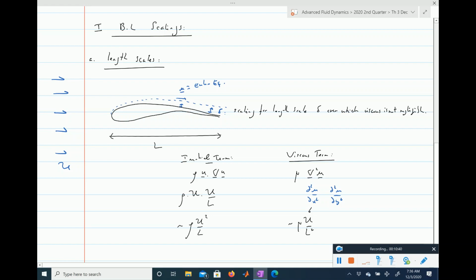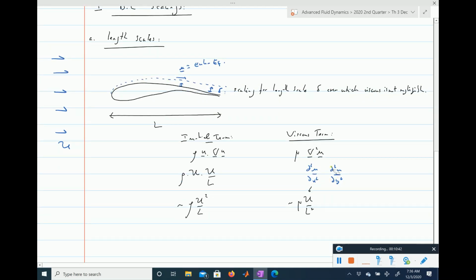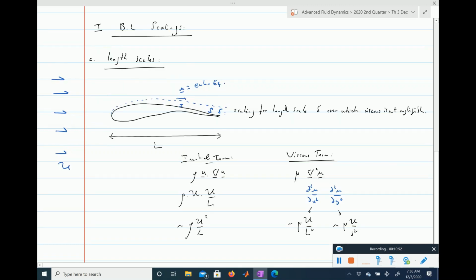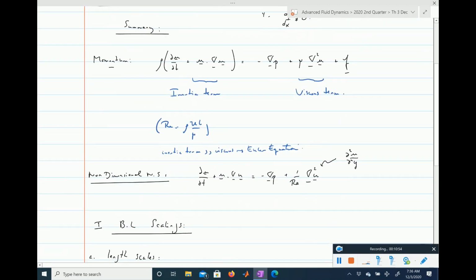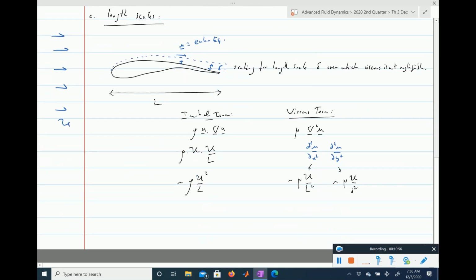However, the other term, the second partial of u with respect to y, will scale with mu u, but the length scale has now changed because we are looking only in this small region, where there might be shear. So this term scales with mu u divided by delta squared.